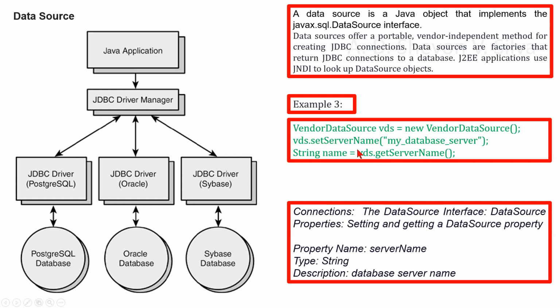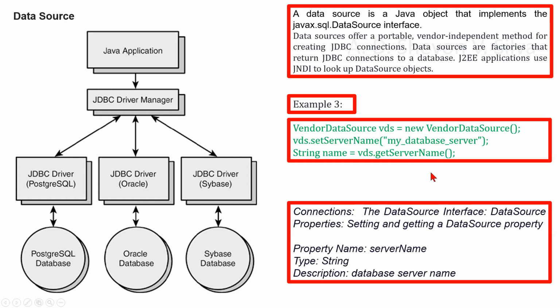Data source properties are not intended to be directly accessible by JDBC clients. This design is reinforced by defining the access methods on the implementation class rather than on the public DataSource interface used by applications.